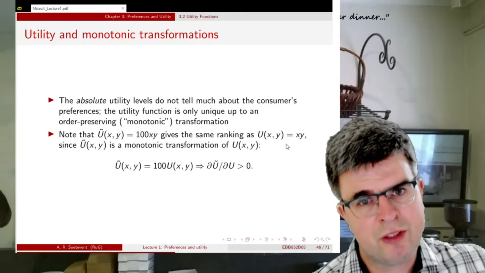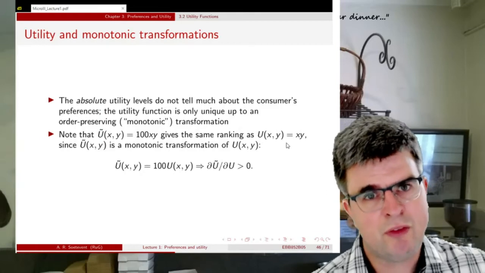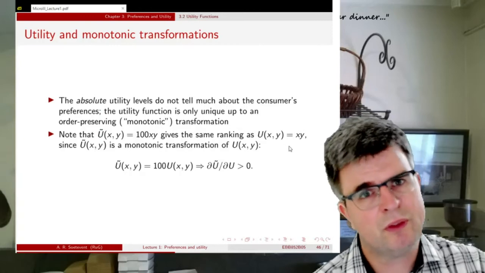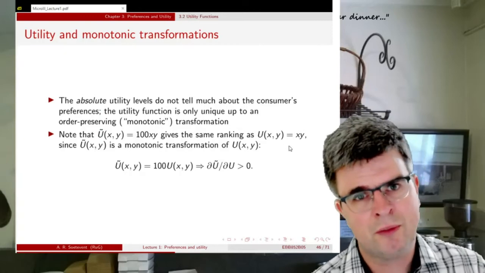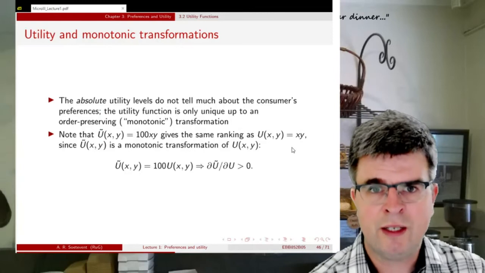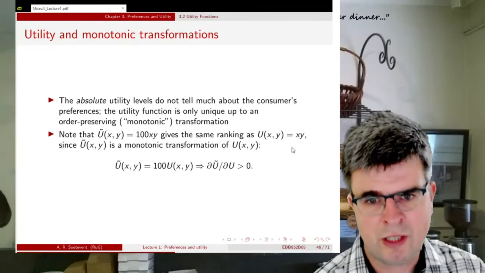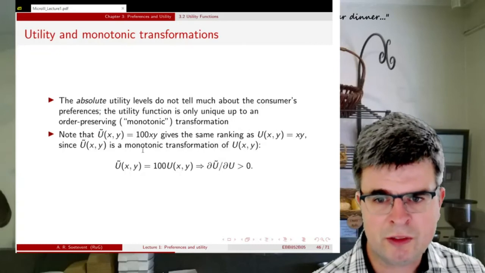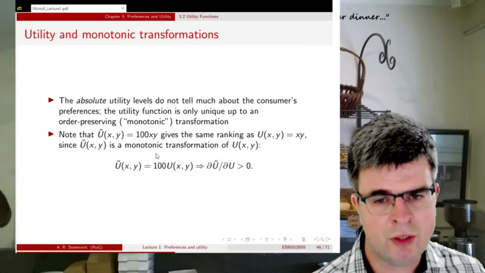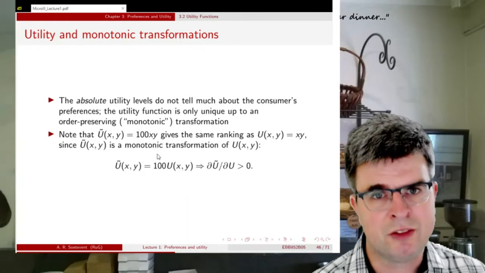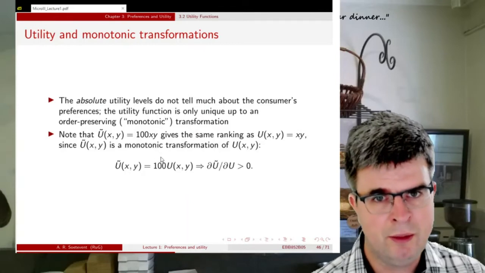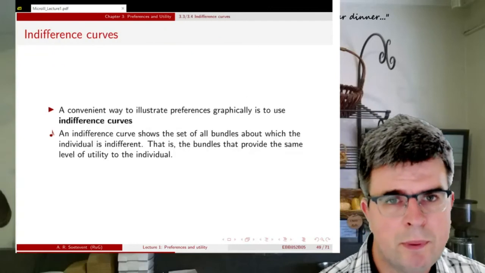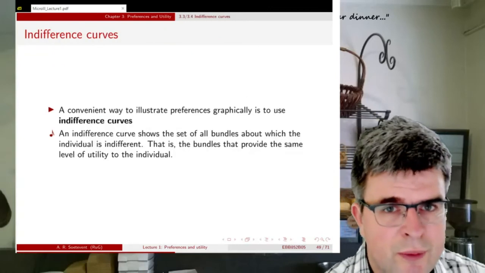If you previously had one bundle that gave you a utility of 3 instead of 1, now that same bundle will give you a utility of 300 and the other 100, and the relative ranking continues to be the same. So this new utility function is a monotonic transformation of the other one, but it implies the same trade-off between alternatives of the individual.